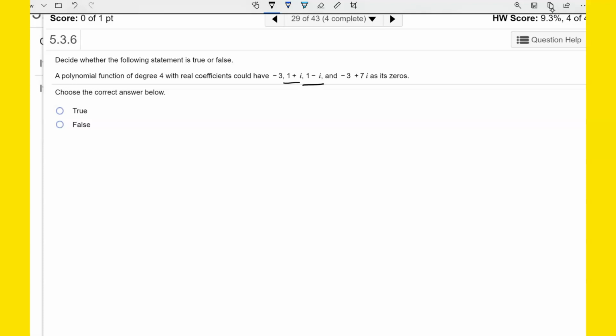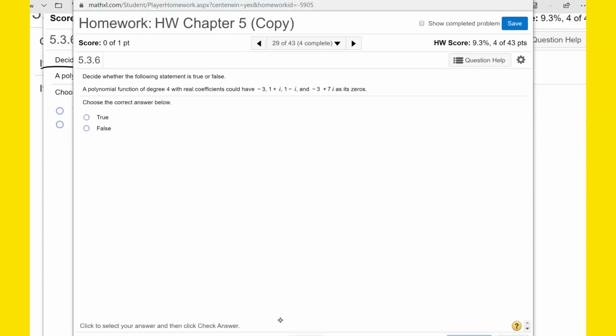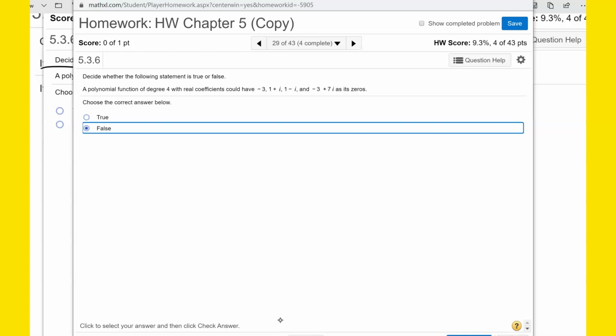This one has to have a pair, and it doesn't have its pair. And it can't, because that's number 1, number 2, number 3, and number 4. So it can't have a fifth one because the degree is 4. This one has to have its conjugate pair, and it doesn't. So this can't work. None of that can work. So the answer is false.